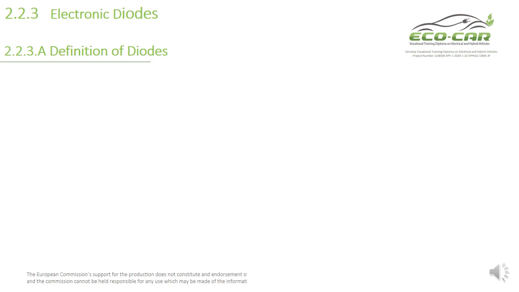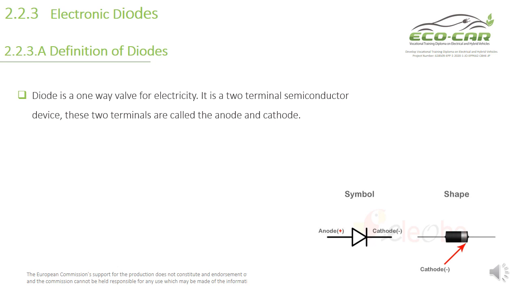Now, definition of diode. A diode is a one-way valve for electricity. It's like a switch, or a valve. It's a two-terminal semiconductor like this. This is the shape of the diodes.